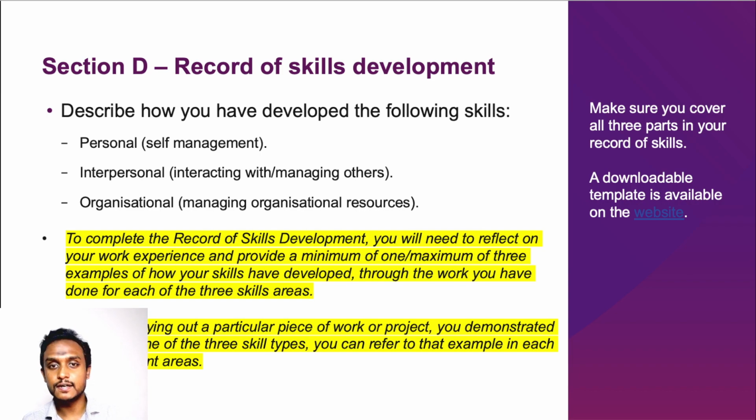CIMA says here, you can use the same example, but the way you write has to be relevant to the two different categories of skills differently. You can't write the same words, you can't copy and paste. You have to show how your personal skills were improved from that incident, and separately show how your interpersonal skills were improved from that incident or the project that you undertook.